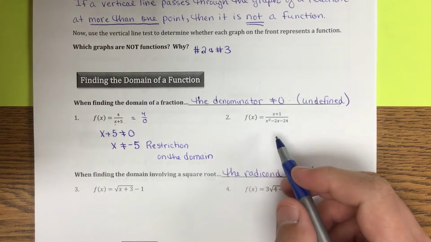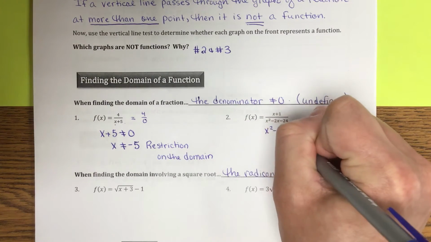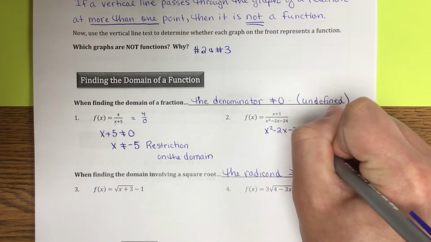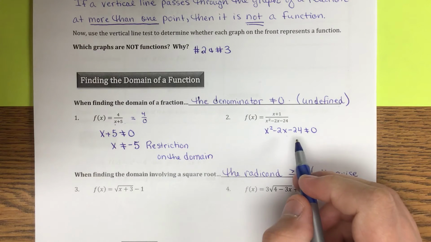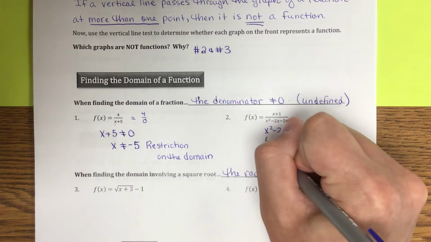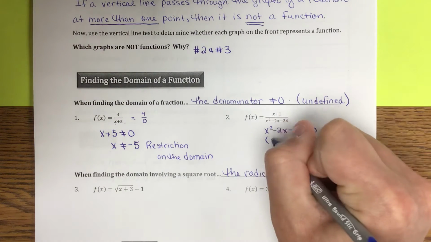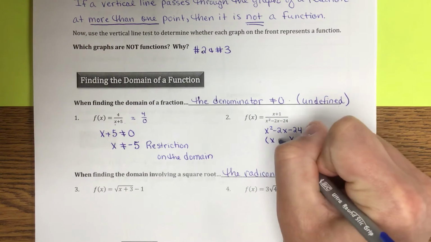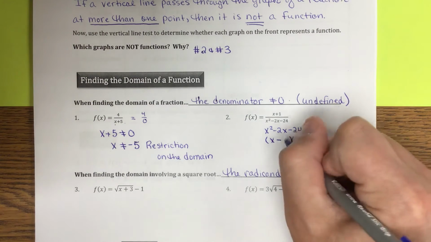If we think of the same type of process for number 2, I would say that the denominator cannot be equal to 0. And here I'm just going to have to do some factoring in order to solve this. The factors of 24 that I'm going to want here are 6 and 4.